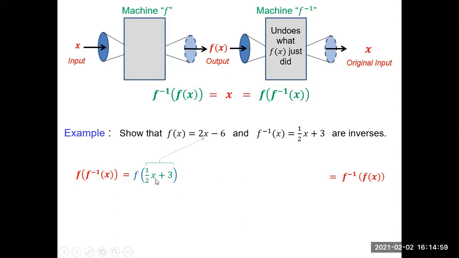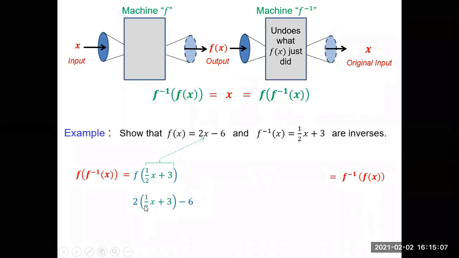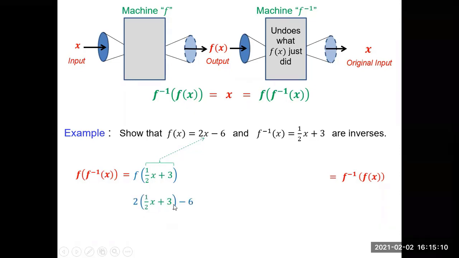We can now take 1/2 x plus 3 and plug it into the input of f of x. So that gives us 2 times the quantity of 1/2 x plus 3 minus 6. So as you can see, we put the function of f inverse into the function of f.